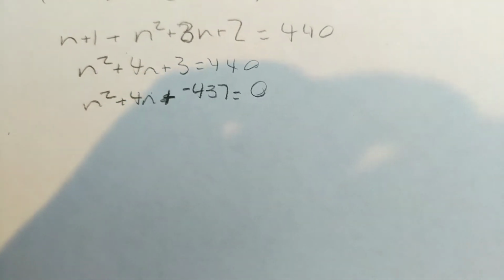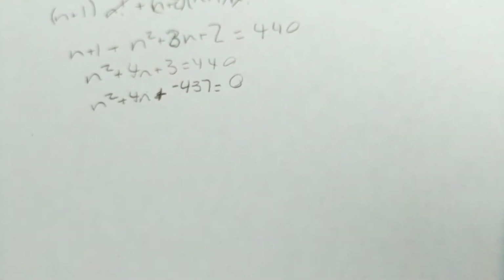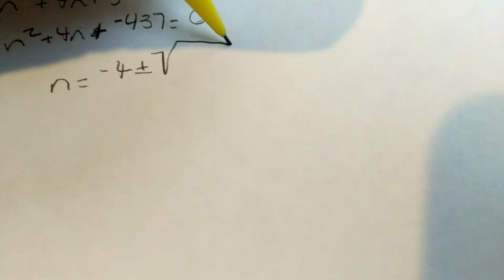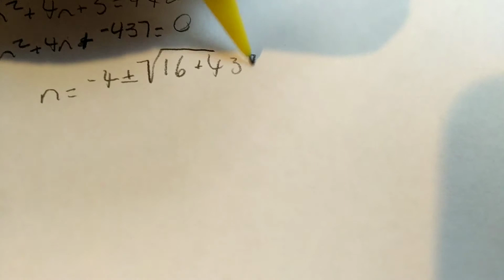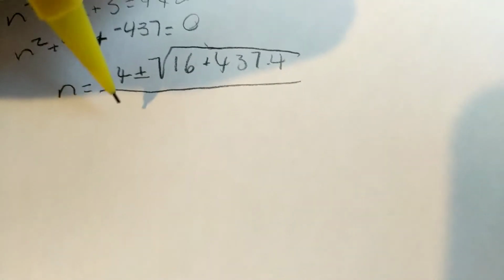Now, in case you can't already just look at it and tell, we can't use a grouping method or something to factor this out, so we have to use the quadratic equation, which would give me n equals minus 4 plus or minus the square root of 4 squared plus 437 times 4, all of that over 2.